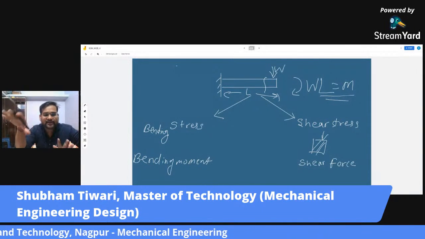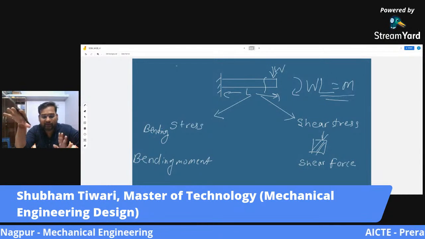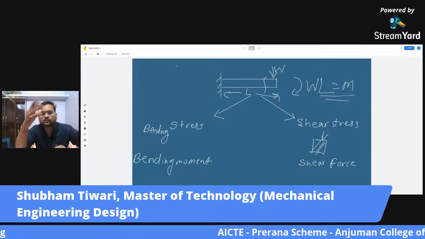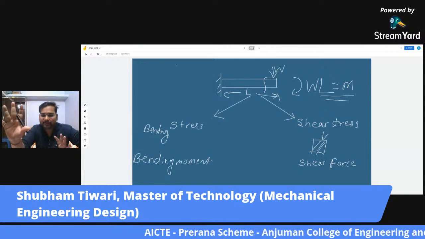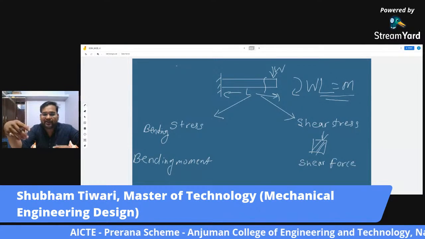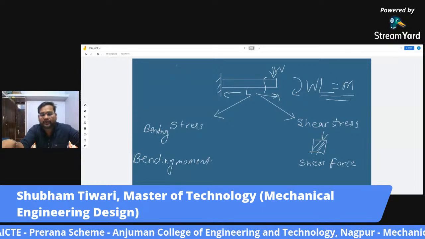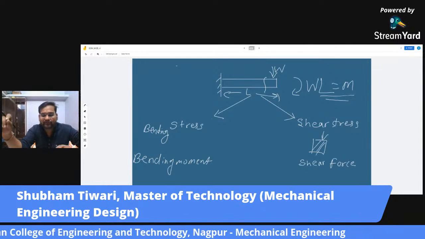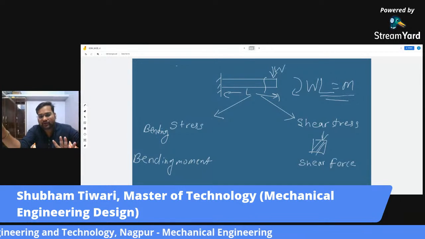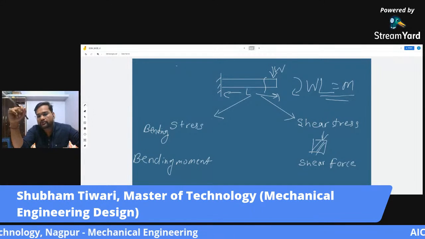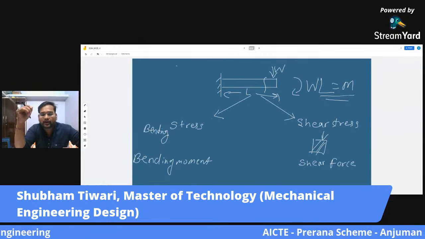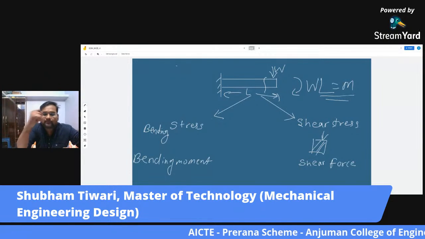Now, as design engineers or civil engineers, our main aim is to make sure that the beam does not break. That is our responsibility. That is why the company is paying us to make sure that things do not break down, and if they do, we have to take care of that as well. So how are we going to ensure that the beam stays safe and does not fail?